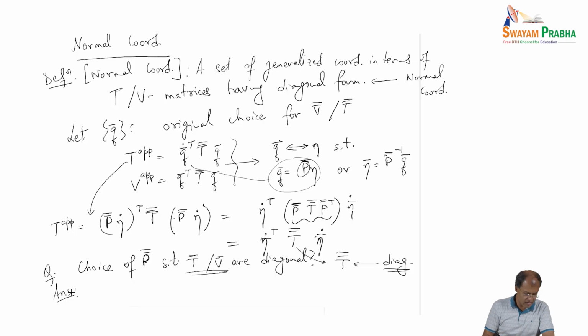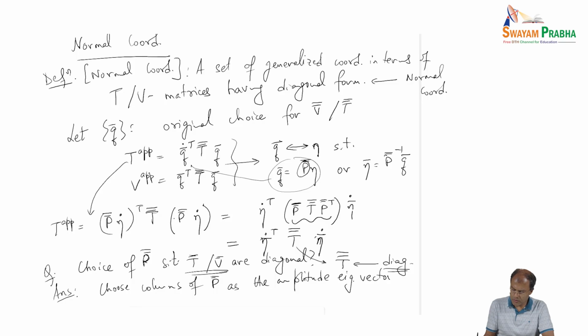Again, the answer to this question comes from the standard theory in linear algebra, right? So we choose the columns of P as the amplitude eigenvectors A_j.